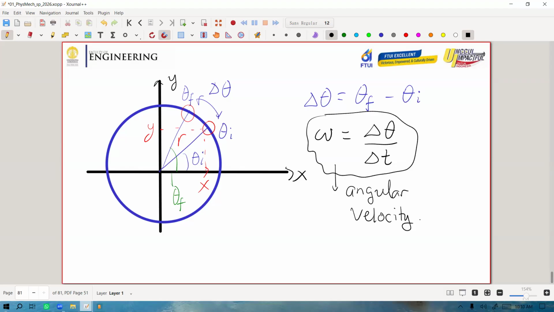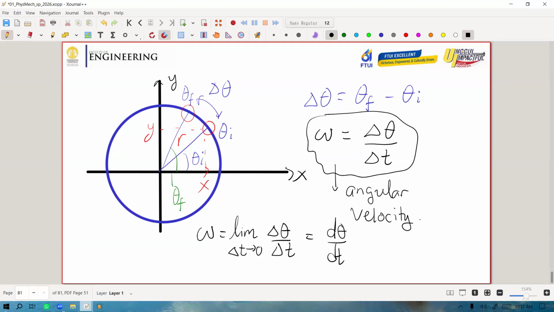If we want to measure the instantaneous angular velocity, we can take the derivative. Omega is the limit as delta t approaches 0 of delta theta divided by delta t, which is d theta dt. This is the instantaneous angular velocity.